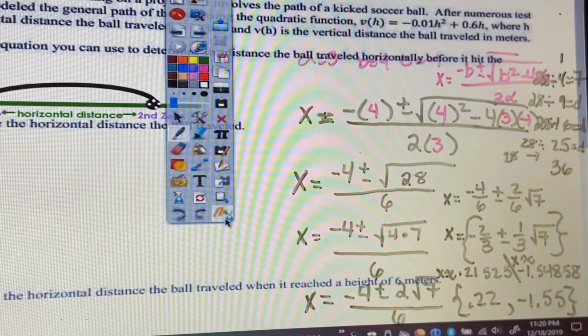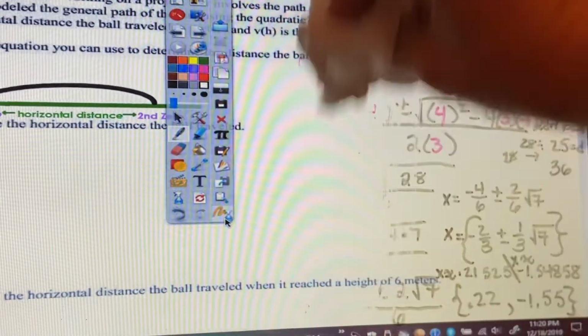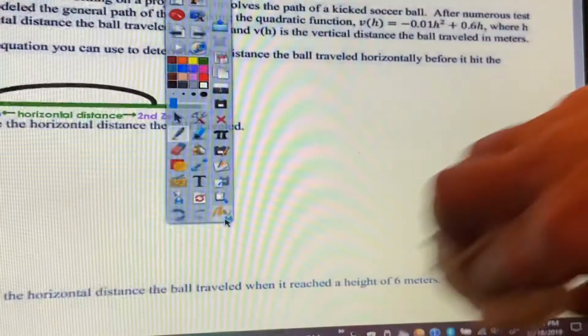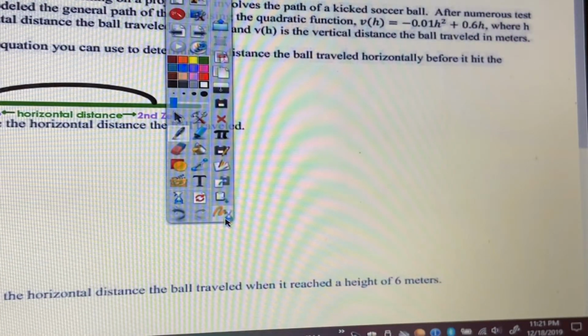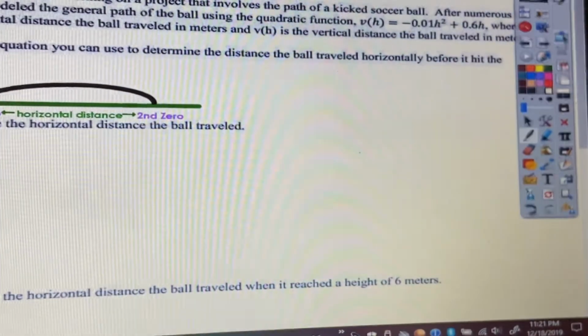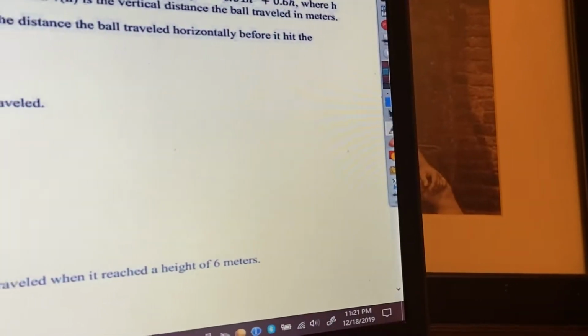Now we're going to take this into a real life problem situation. I just tried to clean my board electronically. So we have a friend who's, whoopsie daisy, sorry about that.